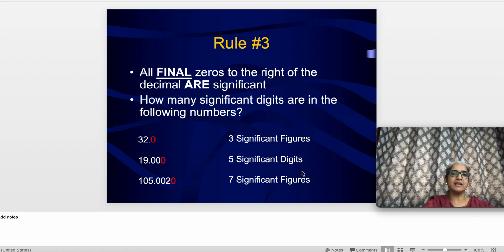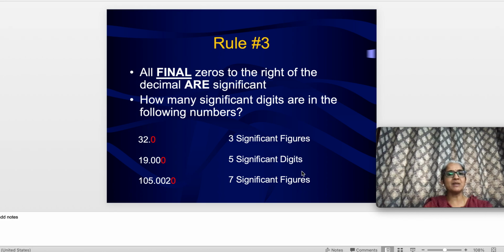The third rule says all final zeros to the right of the decimal are significant. And so the digit in red is telling you till that point. So 32.0 means you are able to read till that significant digit and therefore it has 3 significant digits.